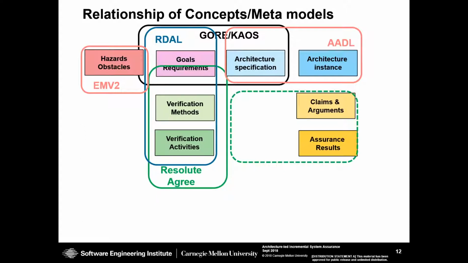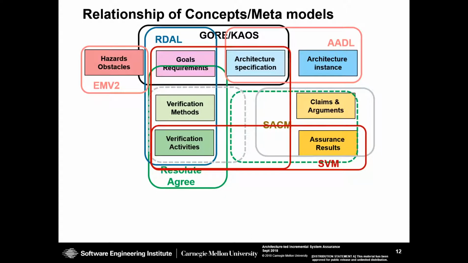They partially let you record the requirements and various forms of verification activities and organizing those in claims and arguments and assurance results. And then we have the OMG assurance case modeling notation SACM, with version 2 out recently, that focuses on how to organize the claims and the arguments and the assurance results.